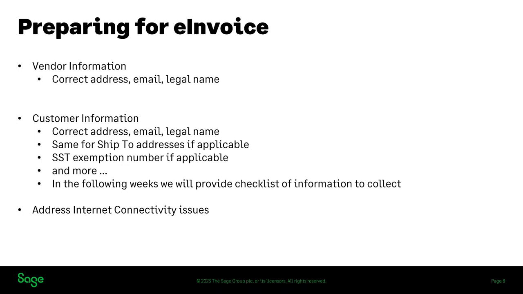One of the things that we will be doing to help ease this migration is we'll provide a checklist of different information that needs to be collected. Then by using that checklist, we can have it readily available so we can let you update it into the e-invoicing module.